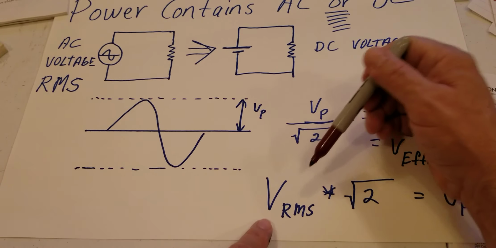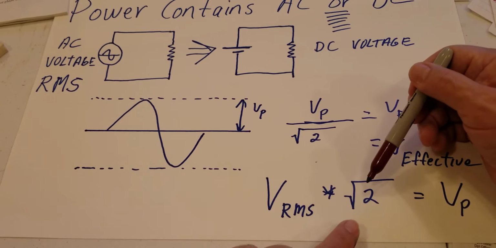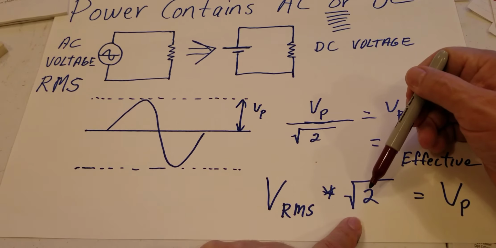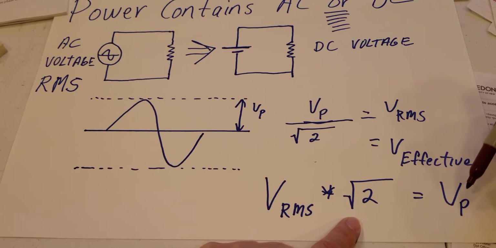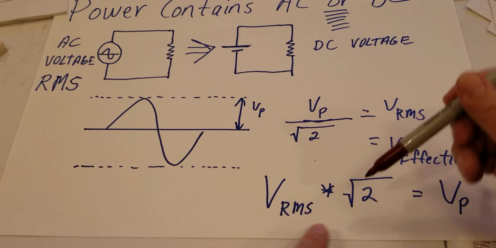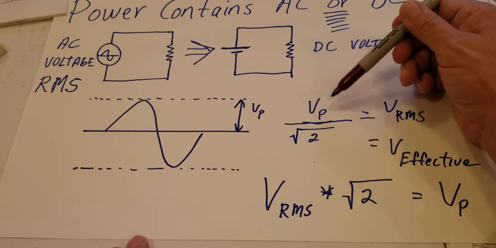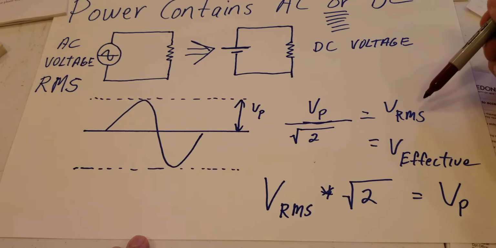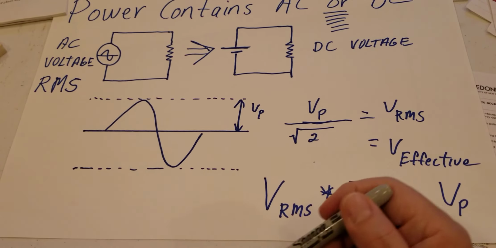So if I have a 12 volt battery DC, what kind of peak voltage would I need on my AC to be able to get to that DC equivalent? You see how that works?